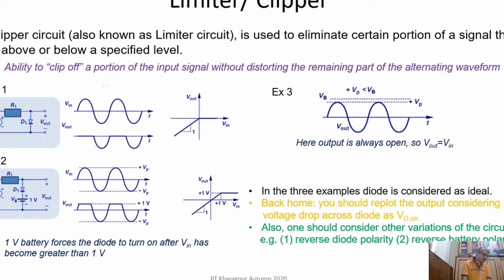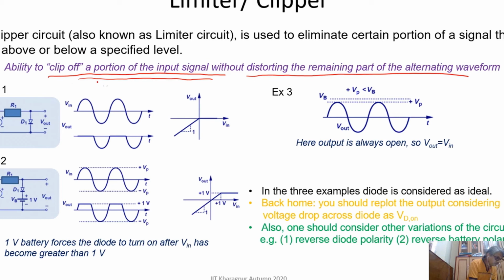A limiter circuit, or clipper circuit as it is also known, as the name suggests, has the ability to clip off or remove a portion of the input signal without distorting the remaining part of the alternating waveform.